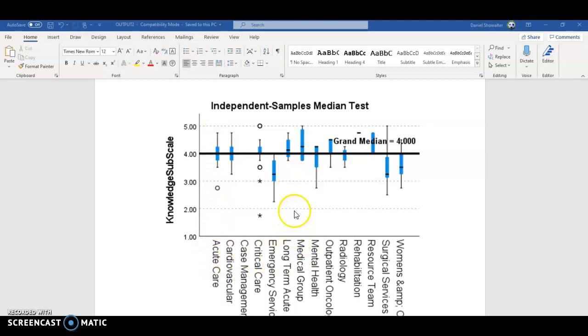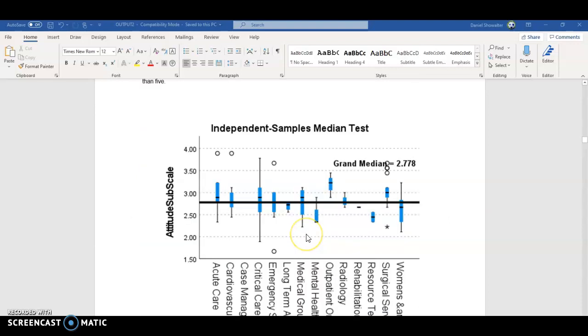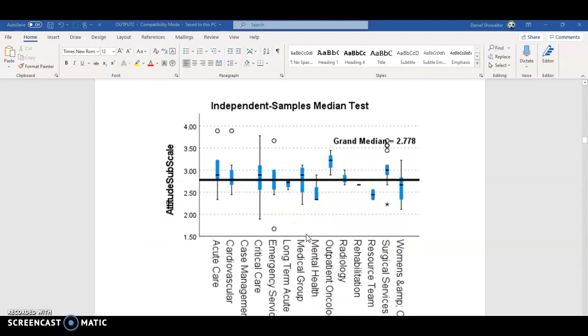So like we said, knowledge, there wasn't a lot of significant difference. You can still see some tendencies towards lower levels of knowledge, for example, within emergency services, or maybe surgical services, maybe higher ones in the medical group. And we see a little bit more here. The reason we're seeing those significant differences is because of pairwise differences.